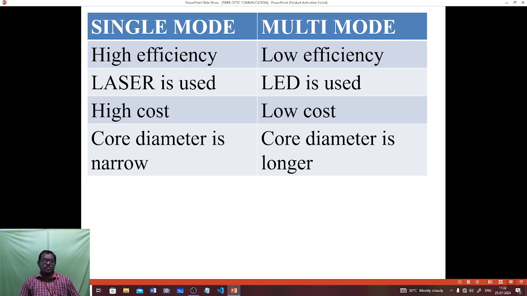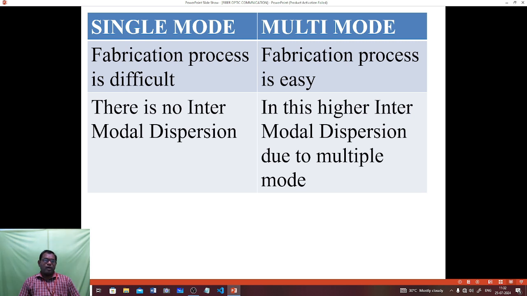Also the fabrication process is difficult in single mode fiber due to the only one path, for example, laser. Similarly, the fabrication process is very simple for the LED because it is the cheapest device. LED is a very low price for multi-mode operations. There is no intermodal dispersion in single mode fiber, and higher intermodal dispersion in multi-mode.